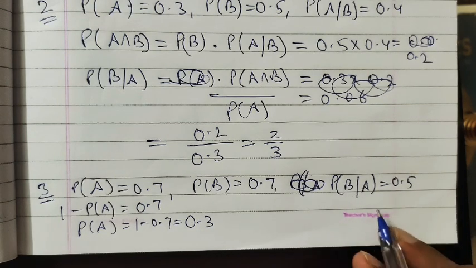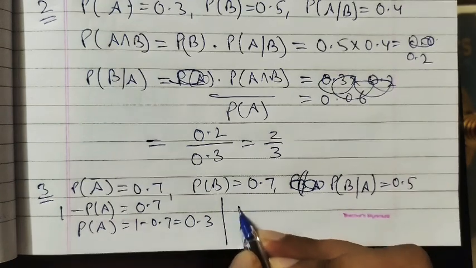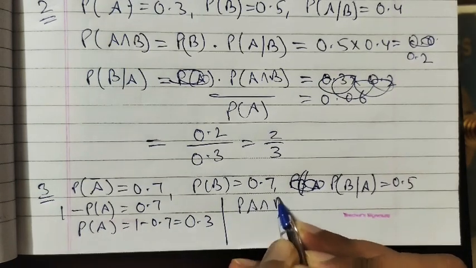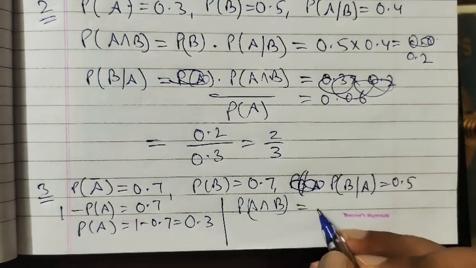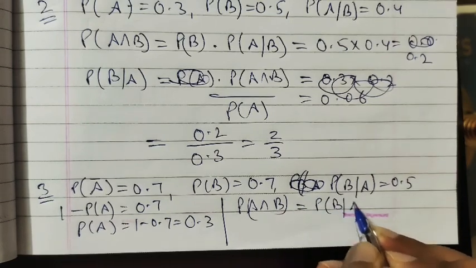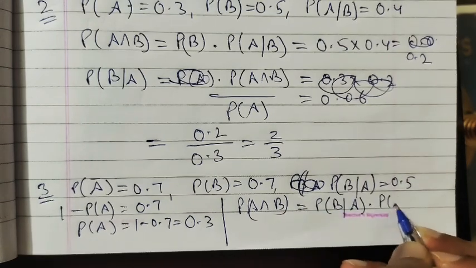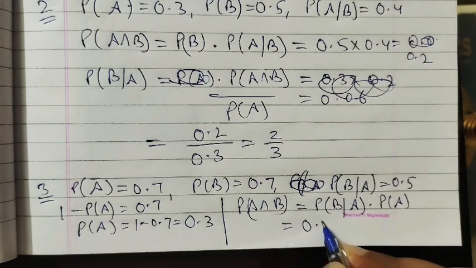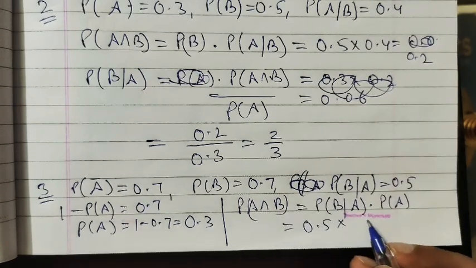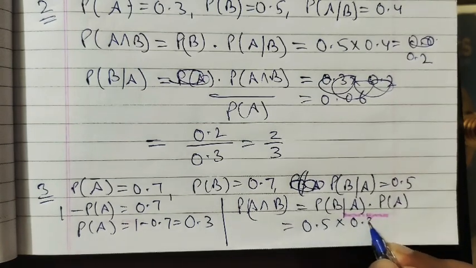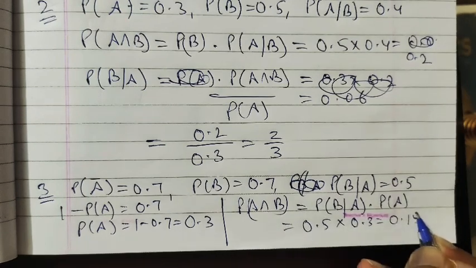Probability of A upon B we have to find out. So probability of A intersection B will be equal to probability of B upon A multiplied by probability of A, right? So B upon A is 0.5 multiplied by probability of A, which is 0.3, which is 0.15.